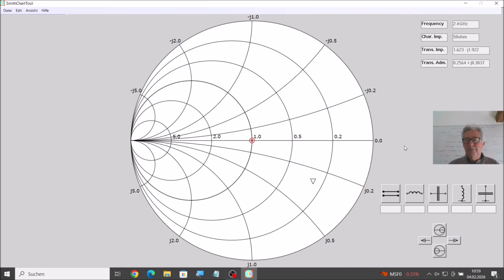And as a first element, we will now use a transmission line, and the red line now shows the possibility how we can transform using our transmission line, and we must transform to the inductive one circle in the admittance plane.